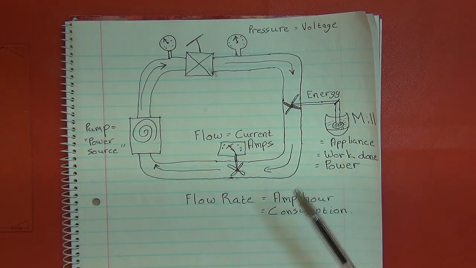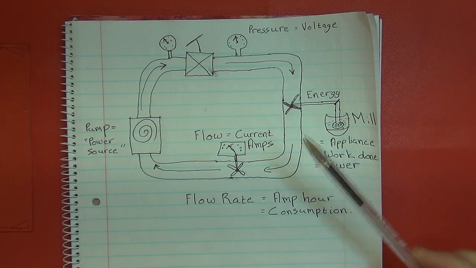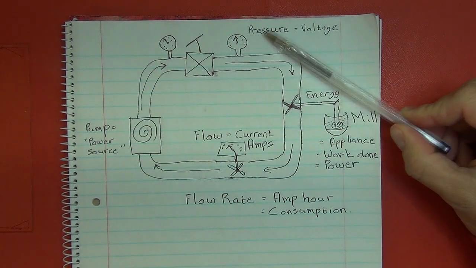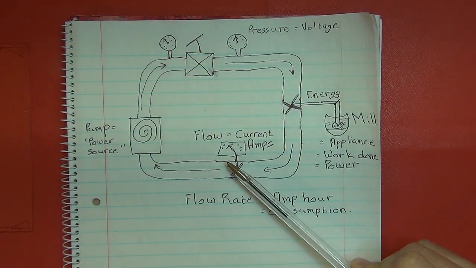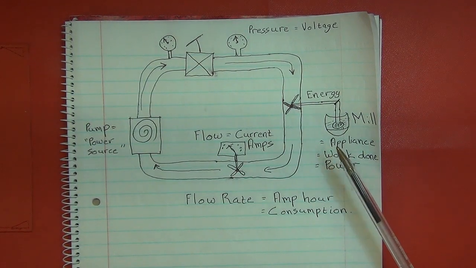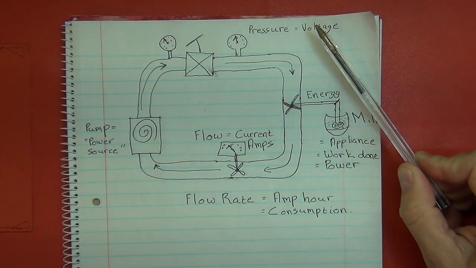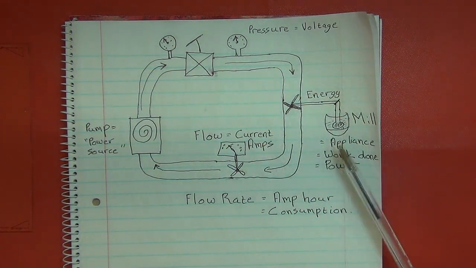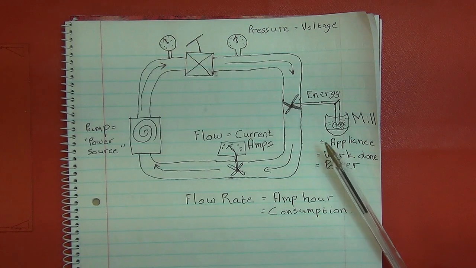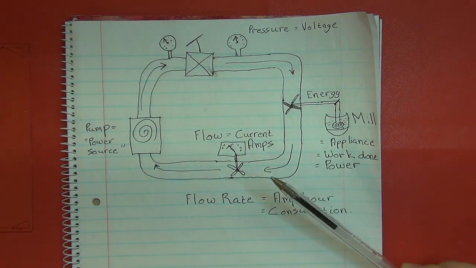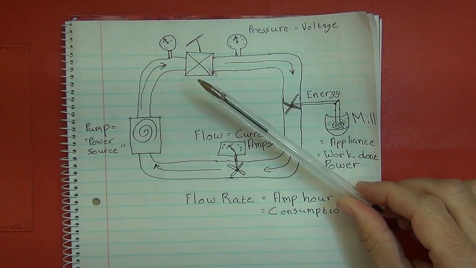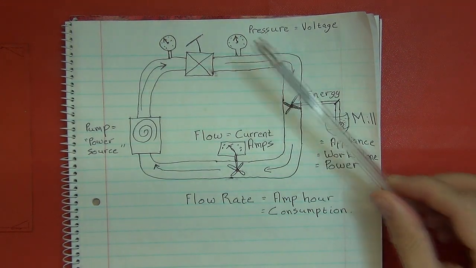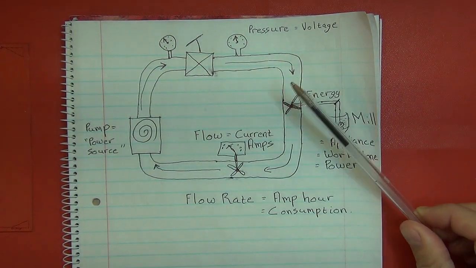So there is a close direct relationship between your pressure, your flow, and the work being done, that is, between voltage, current, and power. We'll start looking at this particularly when we look at resistors and Ohm's law, and how they interact.